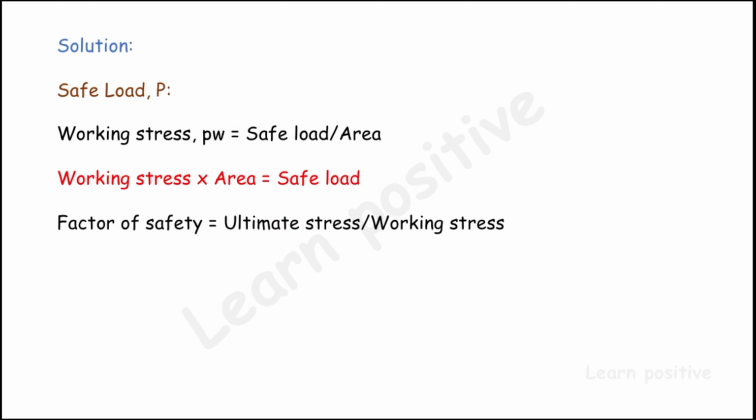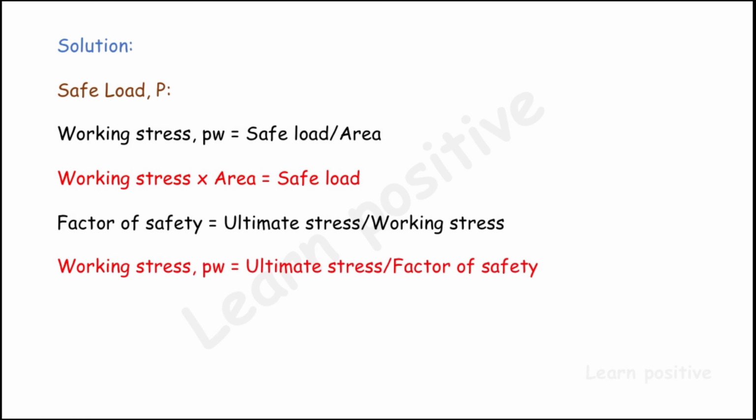Now I transfer the working stress to the left side and the factor of safety to the right. So working stress equals ultimate stress divided by factor of safety. Now we know the value of ultimate stress and factor of safety, so 480 divided by 3. The value of working stress is 160 Newton per mm square.